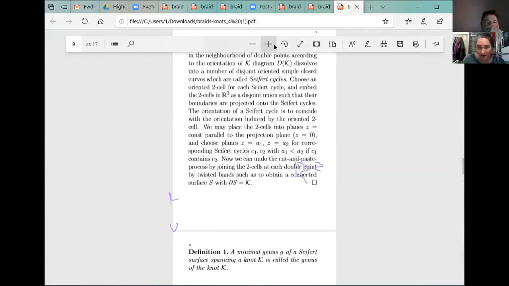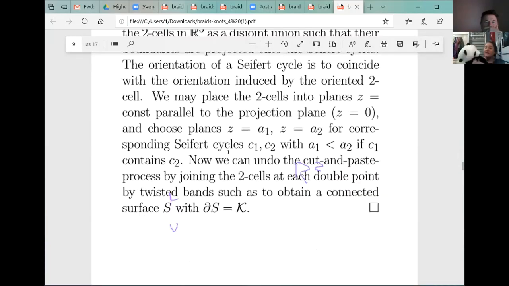We can now put these two circles into the planes, in the planes, and the cycles C1, C2, with the first one A1 is smaller than A2 if C1 contains C2.